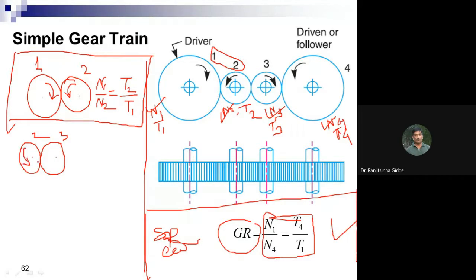This is rotating like this. This is rotating in this way. Now how to write? So this is very, very important. n2 upon n3 is equal to t3 upon t2.